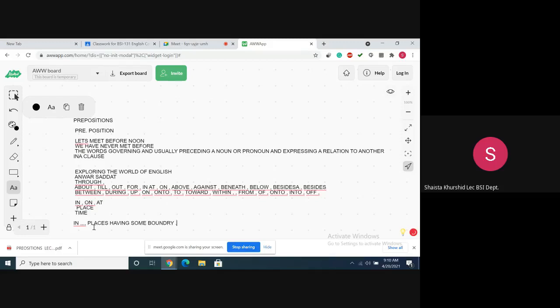We say that it is in the chair. We do not say on the chair. It's in the chair because there is a surrounding. On the stool, because there is no surrounding. When there are surfaces, we use on, but for the surroundings we use in.